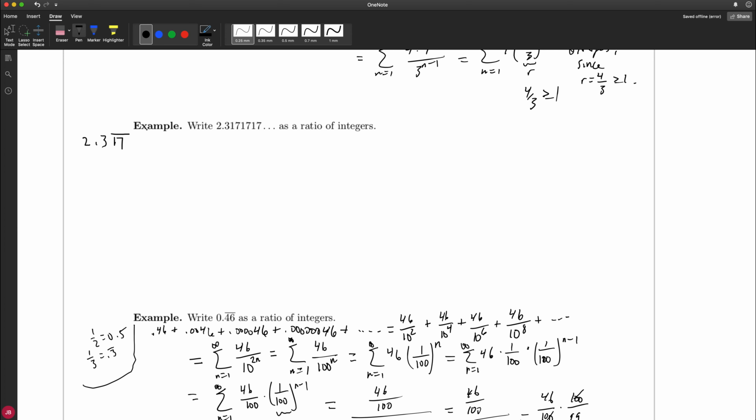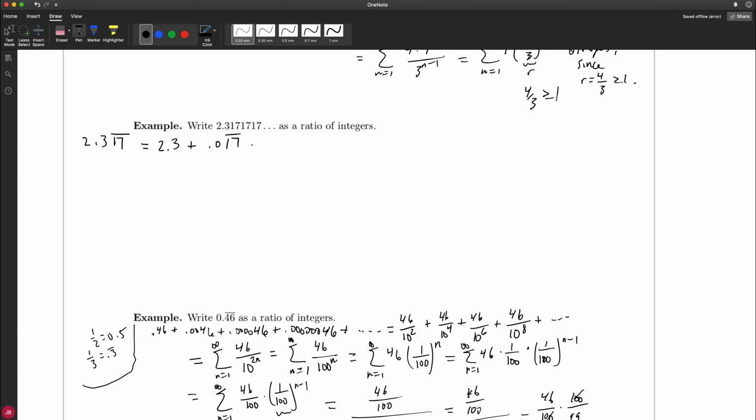Okay, so here's how we're going to do this. The first thing we're going to do is find the non-repeating portion, which is the 2.3, and then we'll write it in terms of the repeating portion thereafter. So this is 2.3 plus 0.0 and then 1/7 repeating. Notice the 0 is not repeating. I just need that empty space there where the 3 was.